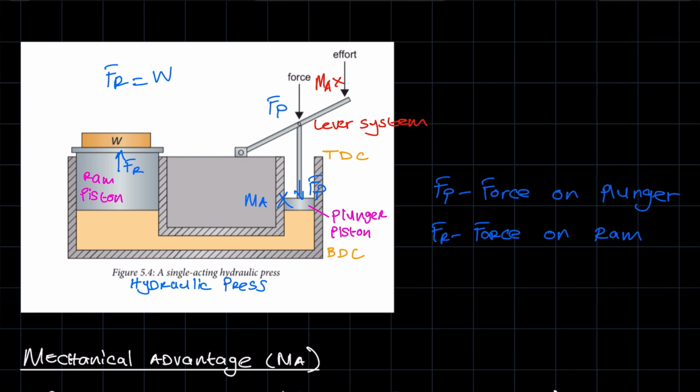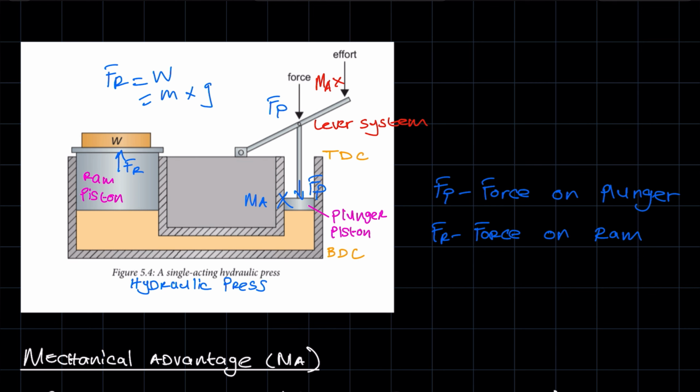Now, what does it tell us? It tells us that if, for instance, you've been asked to calculate the mass of the object sitting on the ram, we have established that this force is equal to the weight of the object sitting on the ram. So you would then use this formula to get the mass. Remember, weight is equal to mass times g.